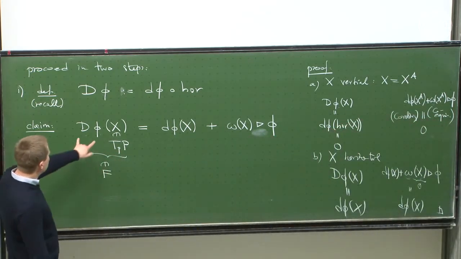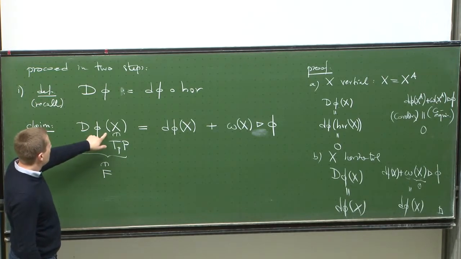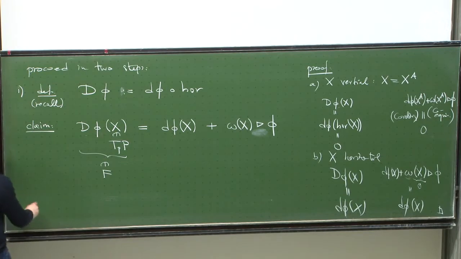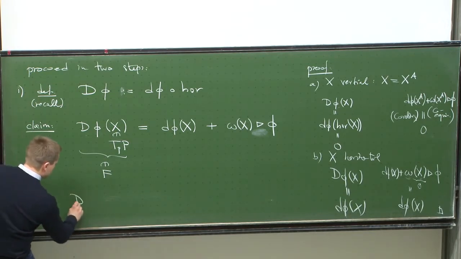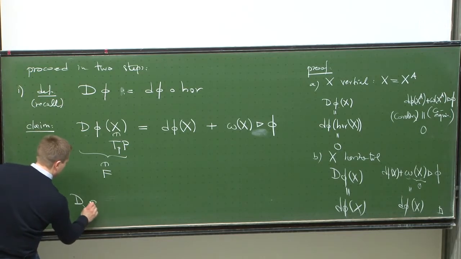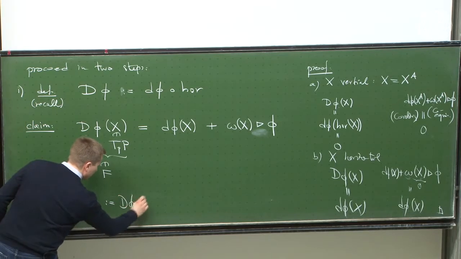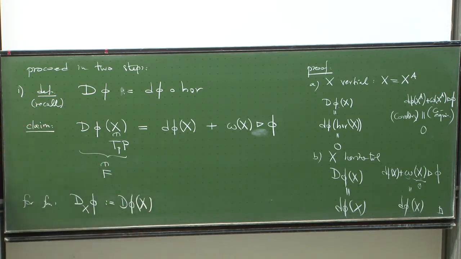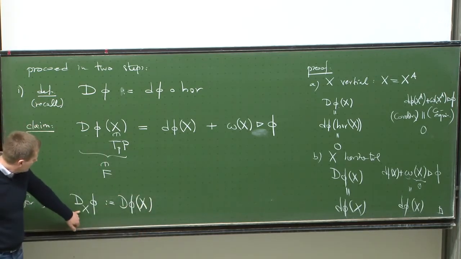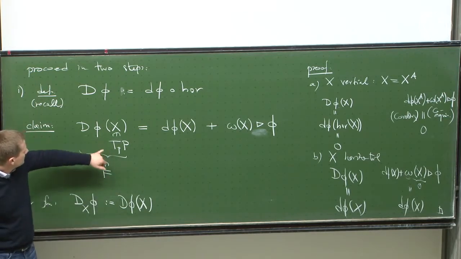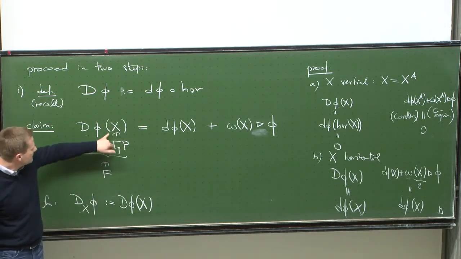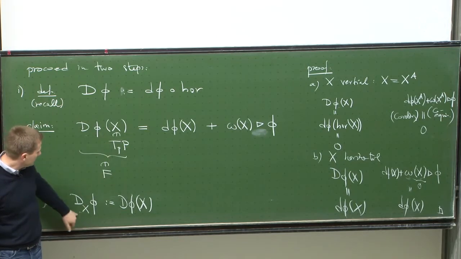This is a fact. So what do we have now? If we have the d phi of x, this is a kind of covariant derivative. For fun, we could write d sub x on phi being d phi of x. And you see, this is linear in the x, C infinity of P linear in x.